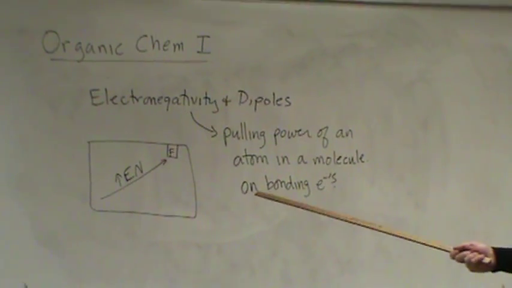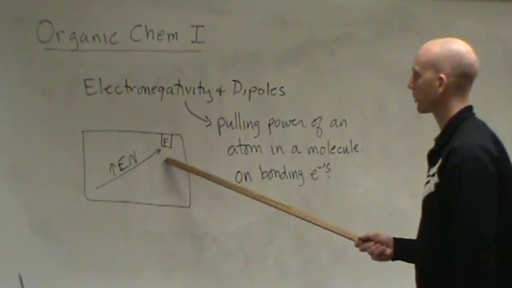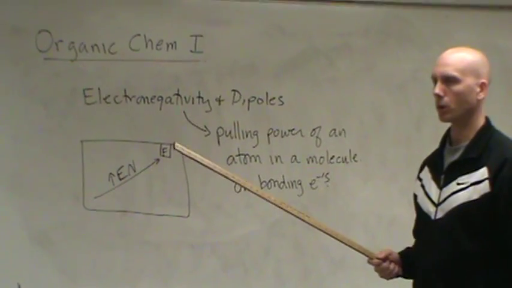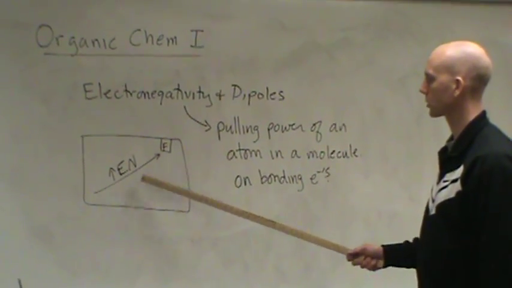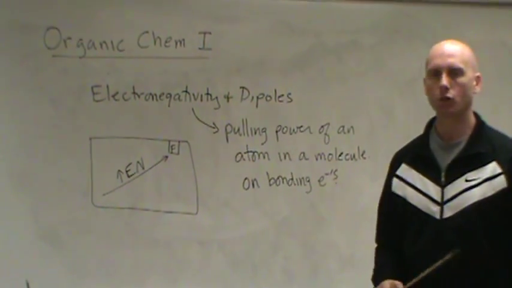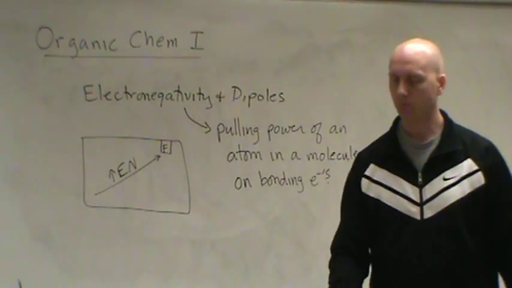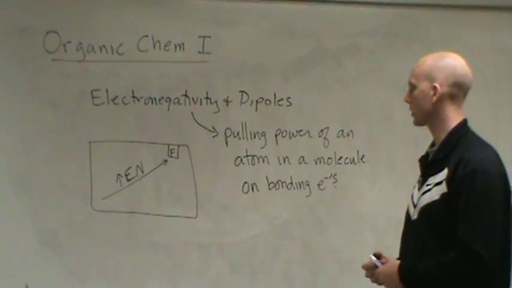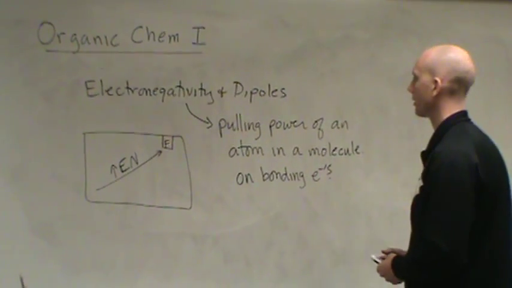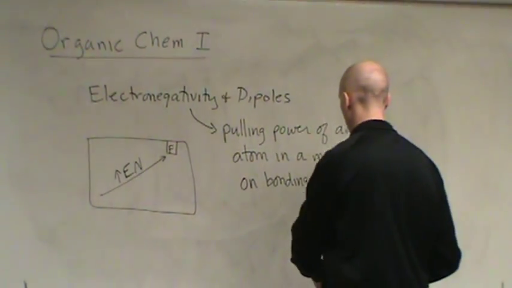That's the same thing for these atoms. Fluorine is the strongest puller, and then everything else gets a little bit weaker as you go away from it. So let's take a look at some examples of how this works.